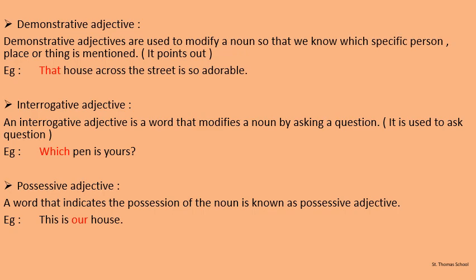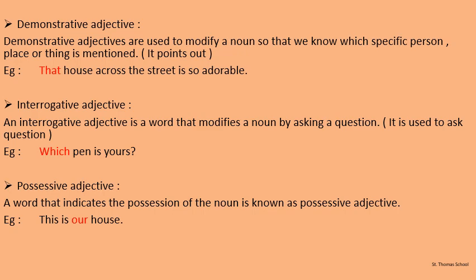So you have to keep in mind that it is used to ask questions. See the example given: Which pen is yours? So it is asking the question. So the question word which is an interrogative adjective.